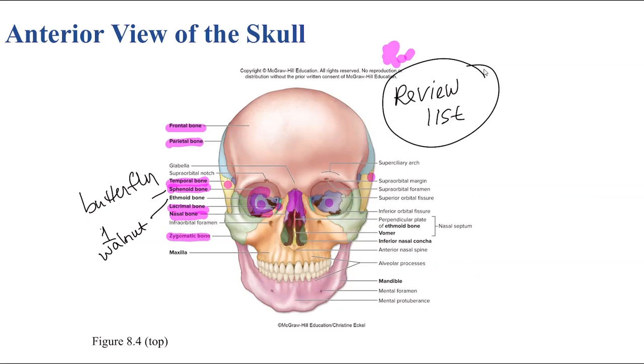Okay, zygomatic bone is your cheekbone. Maxilla is the upper jaw. Mandible is the lower jaw. Okay, the vomer is the bone that goes in between the septum in your nose, the cavities in your nose. Okay, all of these things that aren't bold, you don't have to worry about.